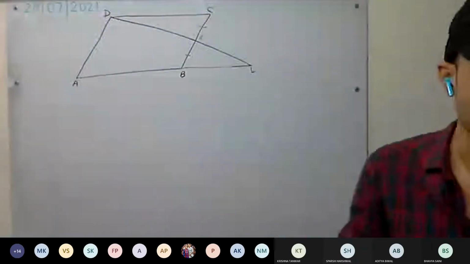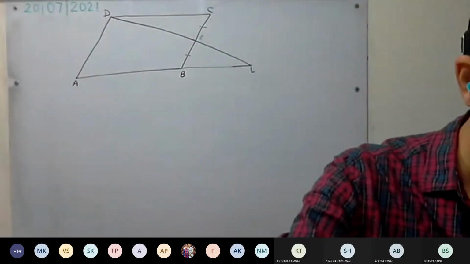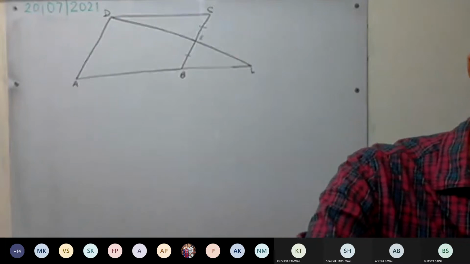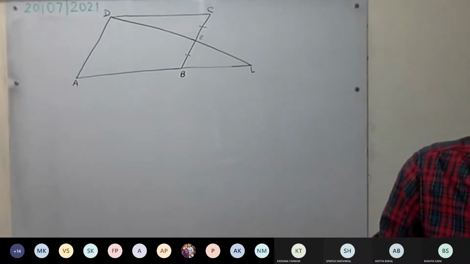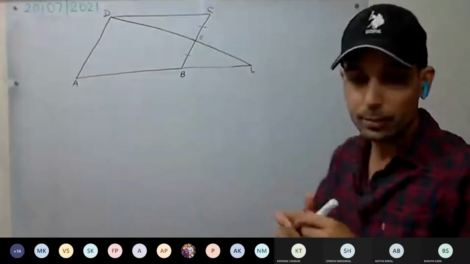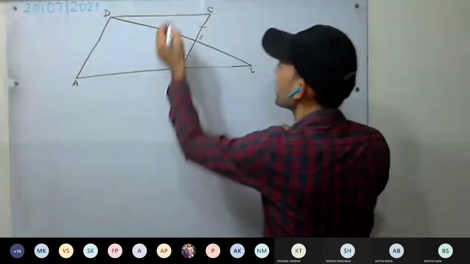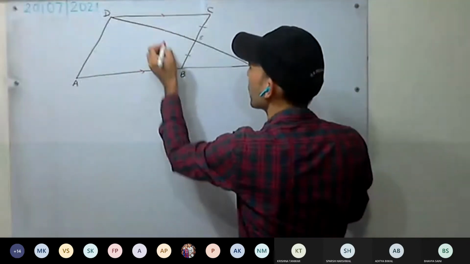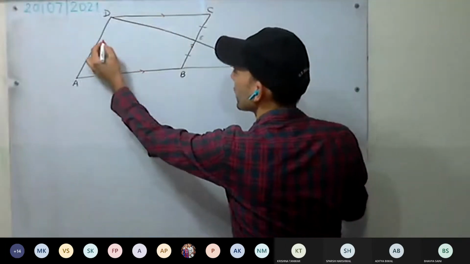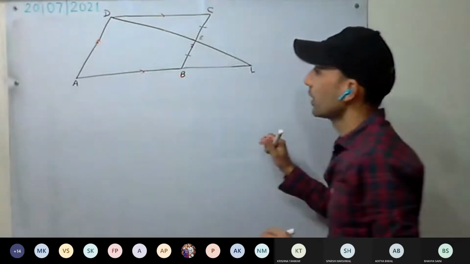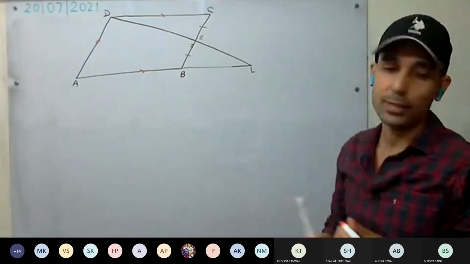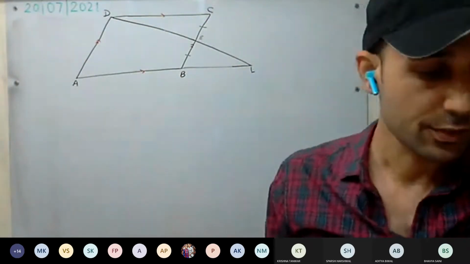E is the midpoint of BC. Now we have to prove triangle DCE. So see what the properties are now. These two lines are parallel. So all the properties of parallelogram we must remember, and we'll see which one we have to use.